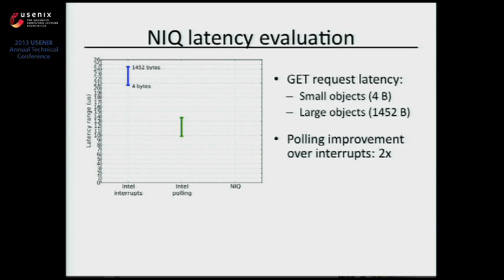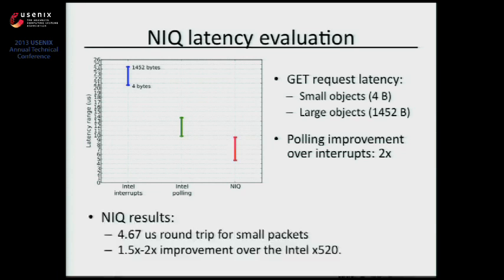And the second reason why polling is so much better is there's quite a bit of operating system code that gets executed when you raise an interrupt on an idle machine. You have to go through your interrupt handler, but then you have to call schedule. You have to schedule in the process, and then once the process is scheduled in, you can process the packet. So this was the Intel card, and then our interface actually achieves better.